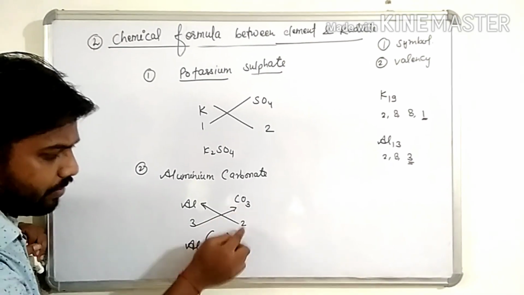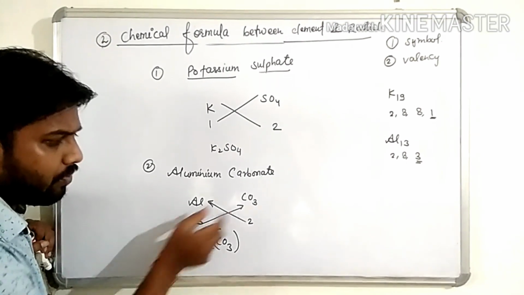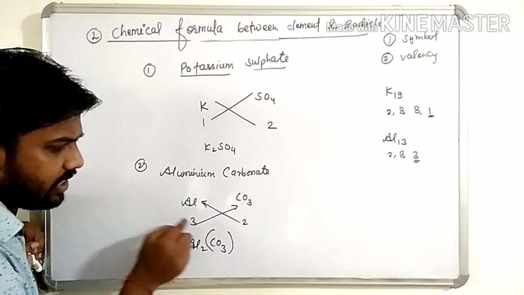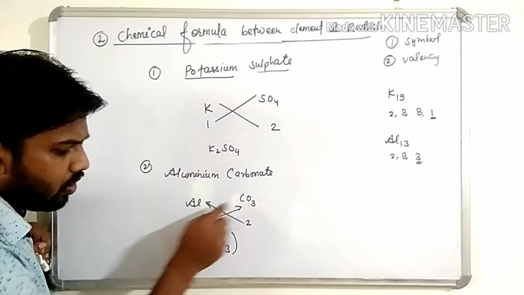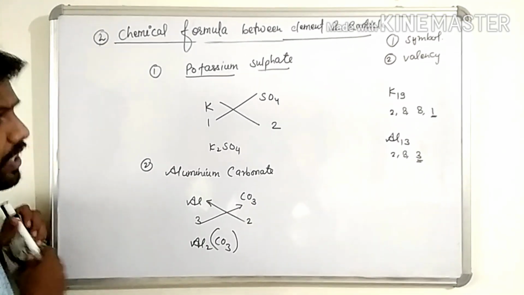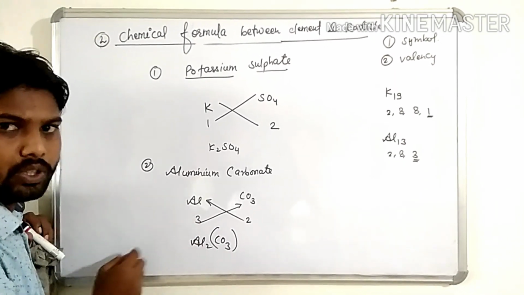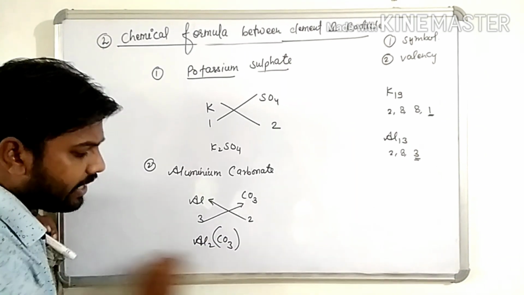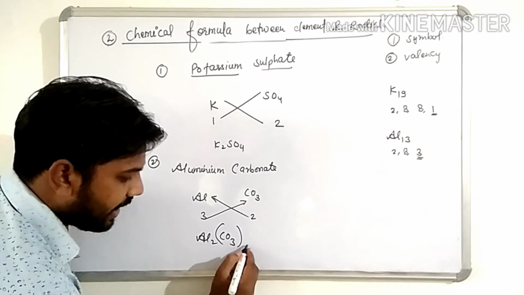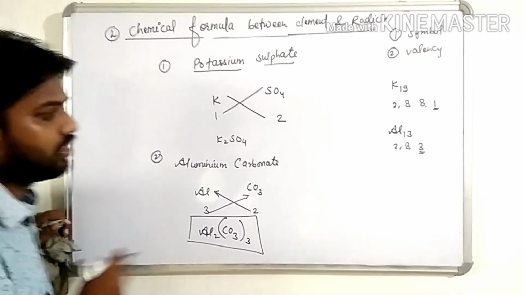The valency of carbonate will transfer here, 2, but when 3 transfers to carbonate, there is a question: will 3 go to carbon or will 3 go to oxygen? So children, if there is a radical and we have to transfer the valency, we will make a bracket and write its valency. This is only in the case of a radical, children.